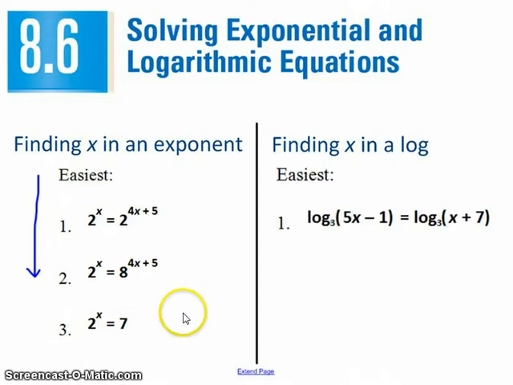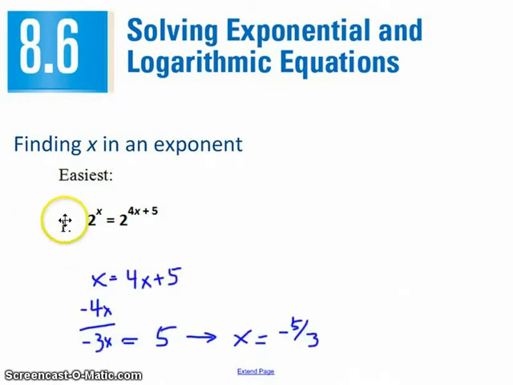On the right side, finding x in a log. The easiest situation is when the bases of the logs match. But in the second situation, there is no log on the right side, and this is going to be another case where I'm going to show you, and just be patient for a second, how to make use of the inverse properties we learned from chapter 8.4.